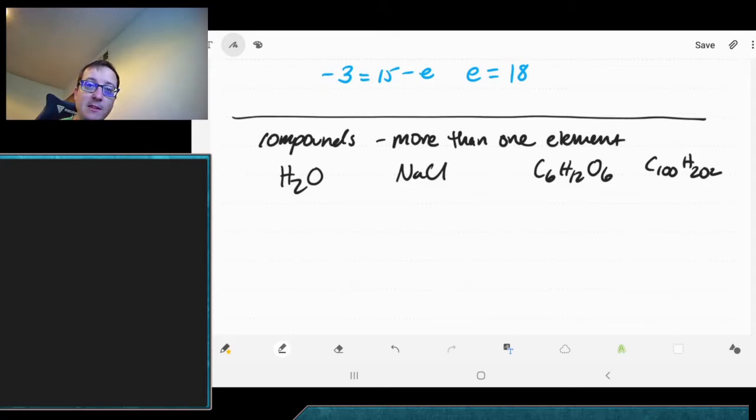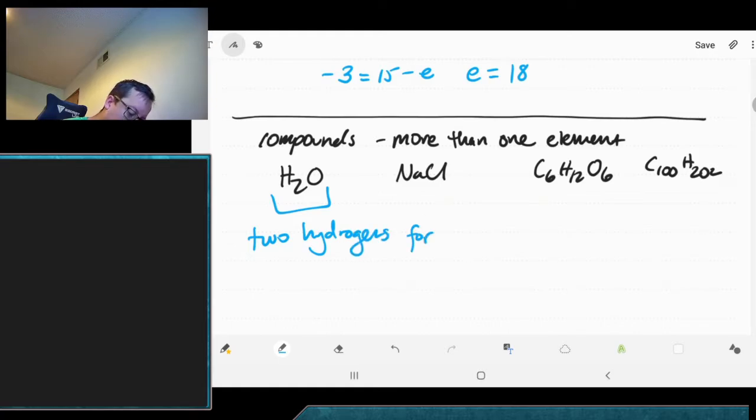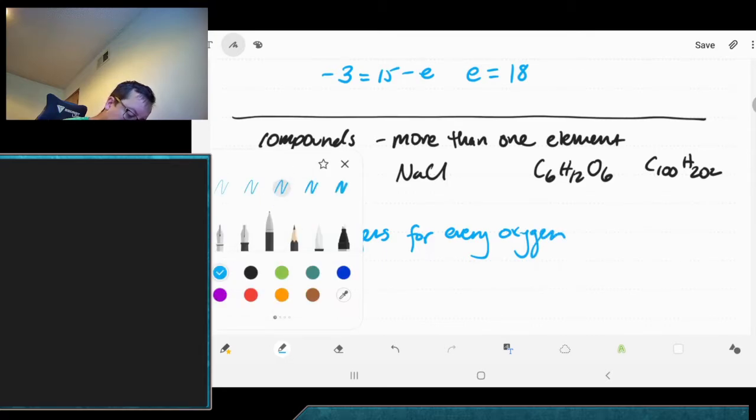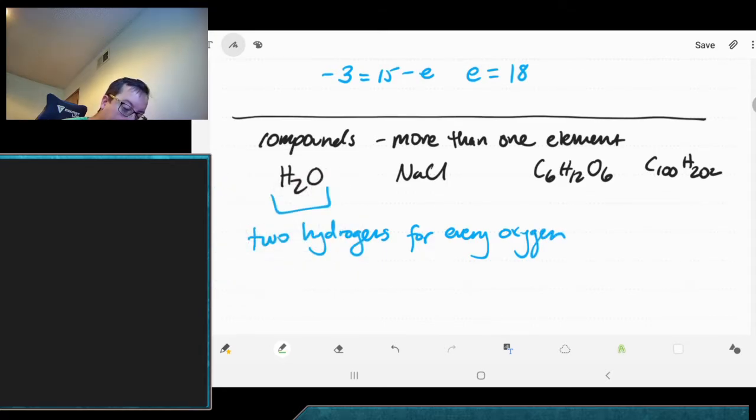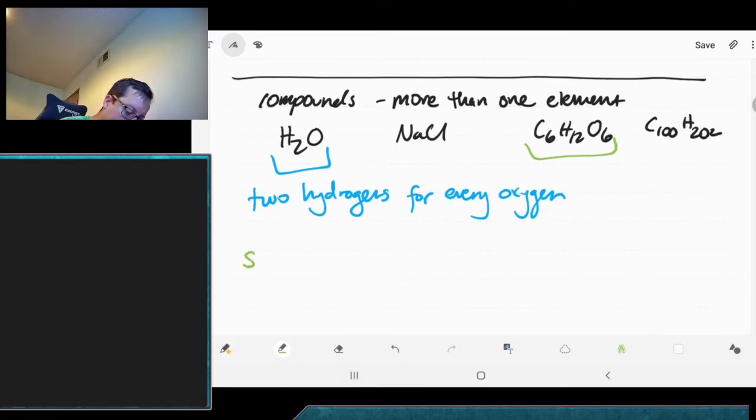And what's important here is that they have fixed ratios between them. We're going to see that every water molecule will have this ratio of hydrogen to oxygen. We're going to have 2 hydrogen atoms for every oxygen. And if you look at, say, this one, we have 6 carbons for every 12 hydrogens and 6 oxygens.